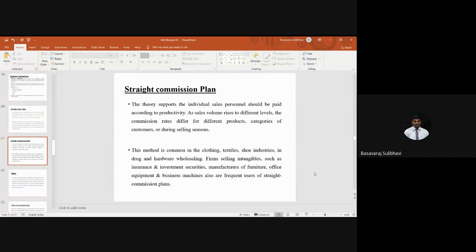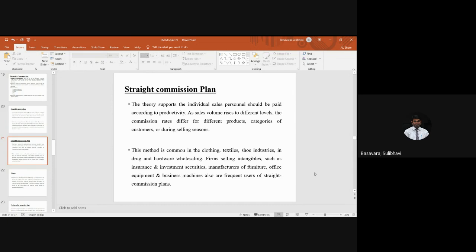So as sales volume rises to different levels, the commission rate differs for different products, categories of customers, or during the selling season also. So this is a type of commission compensation plan where commissions are decided on the type of product which is going to be sold. A company may have n number of product lines, different product variants.